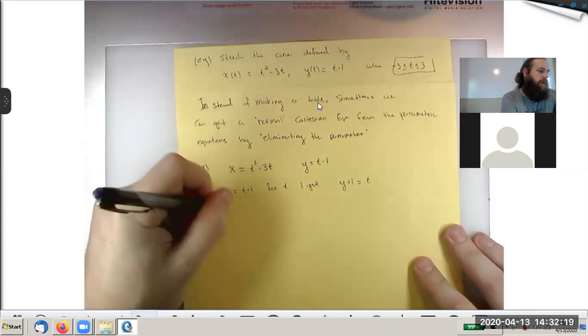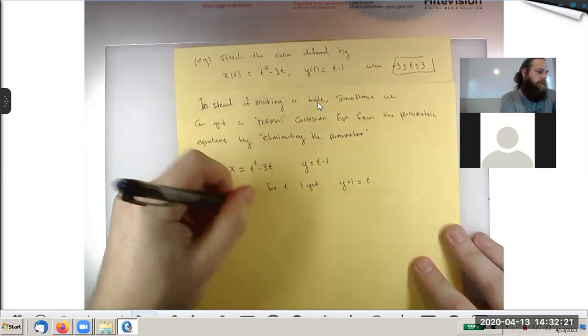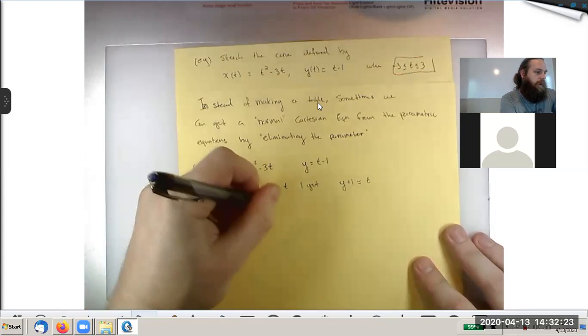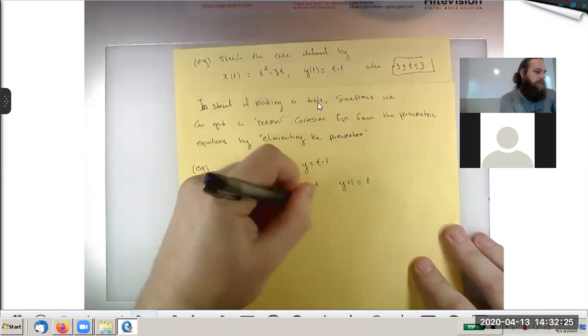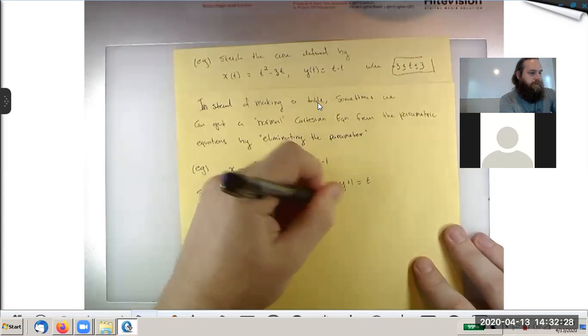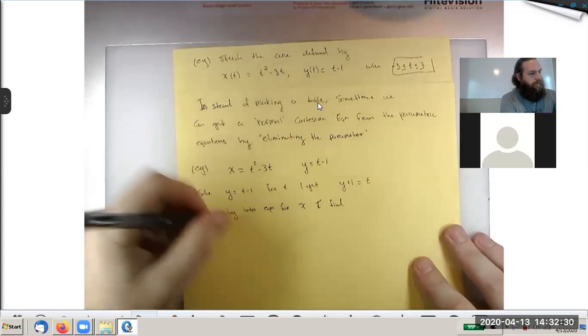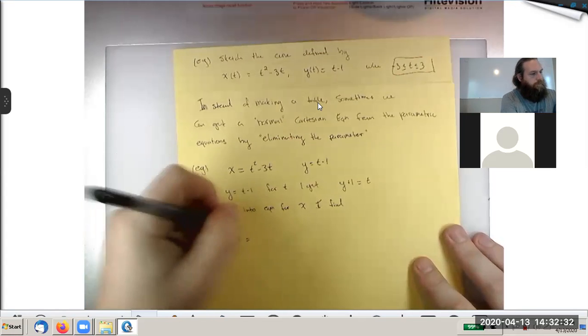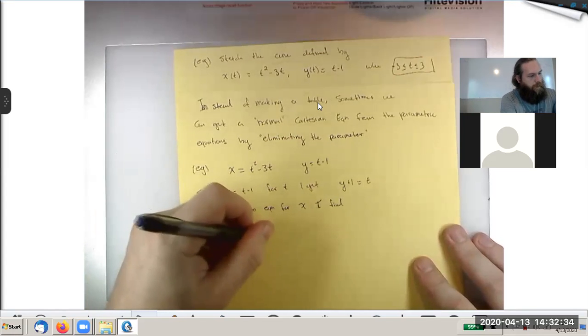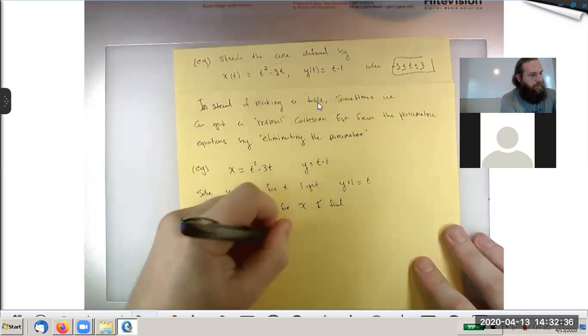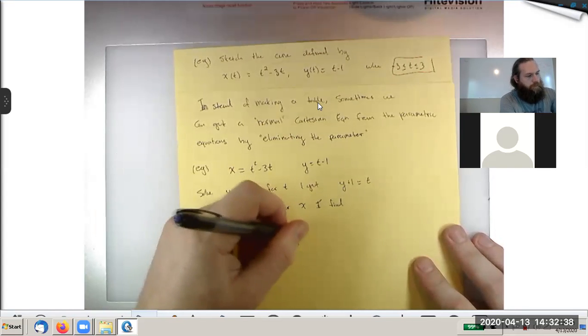Now plugging that in to the equation for x, I find x equals (y plus 1) squared minus 3 times (y plus 1).